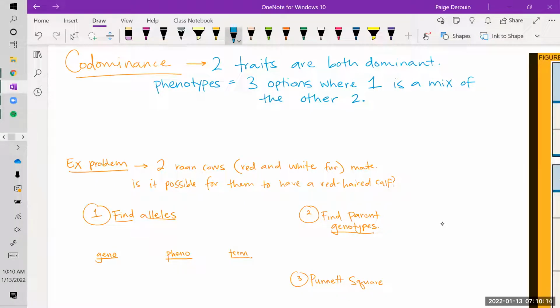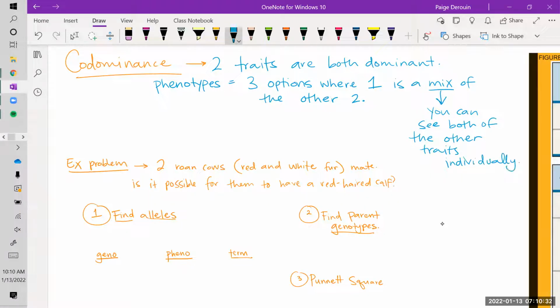Now, when I say a mix, I mean a mix where you can see both of the other traits individually.